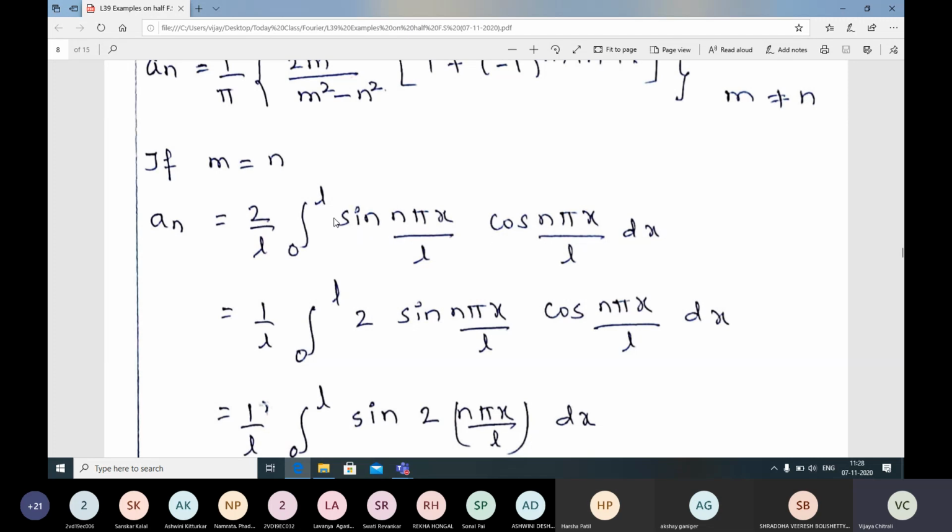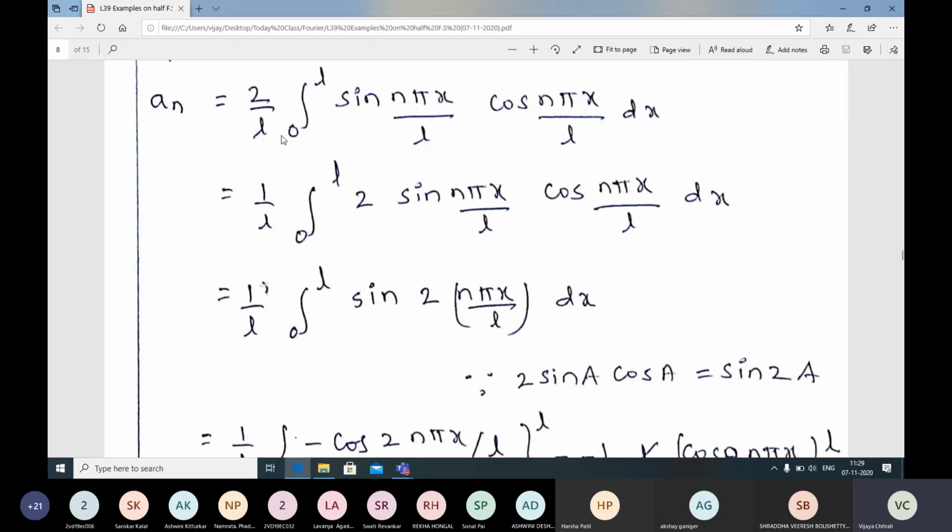Take this 2 inside. We have a standard result: 2 sin A cos A is sin 2A. So observe we have sin and cos, and take the 2 inside. Next step will be 1 upon L integration from 0 to L of 2 sin n pi x by L cos n pi x by L dx.